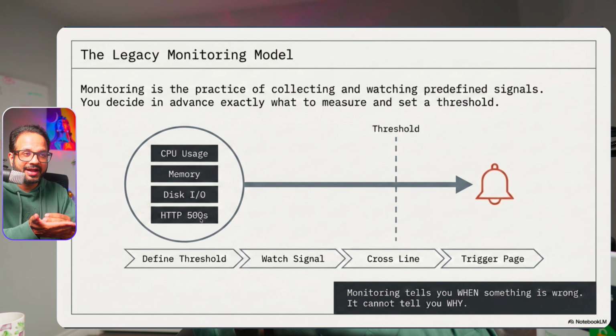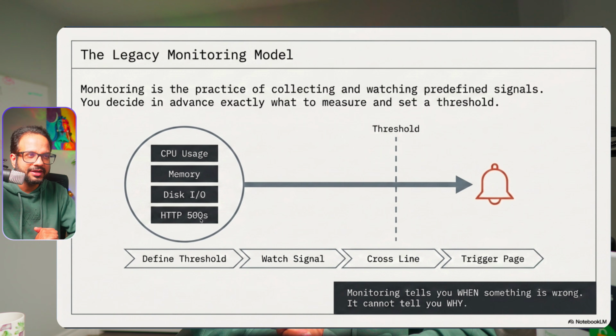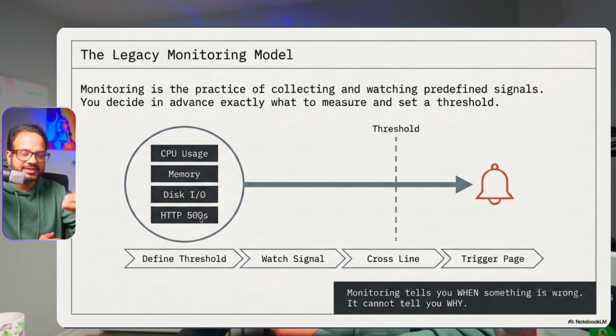And once you define that, you define a threshold. Let's say the threshold of the CPU usage is 80% or 85%, or the threshold of the memory is 70%, or the threshold of HTTP 500 error messages is 100 messages per minute, something like that. So you define these thresholds, and then based on these thresholds, you watch the signal.